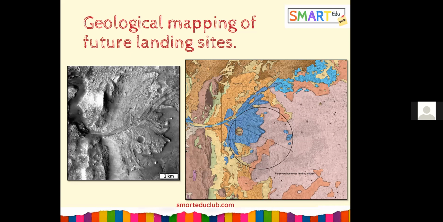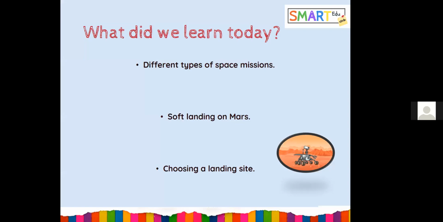Okay, I think that's just showing you where Perseverance landed. This is a summary of what we looked at today, and I hope it will remain with you at least. The different types of space mission: we talked about flyby, orbiter, and then lander and rover.